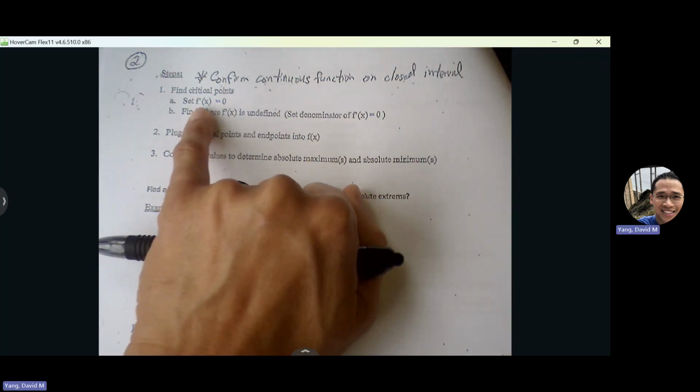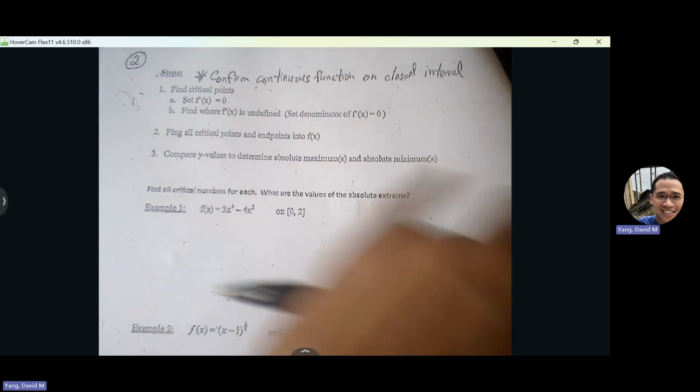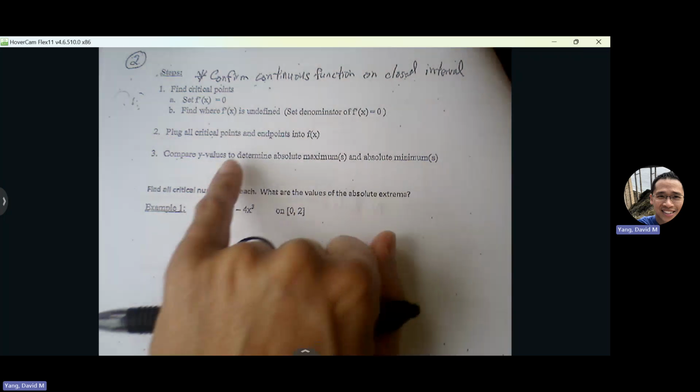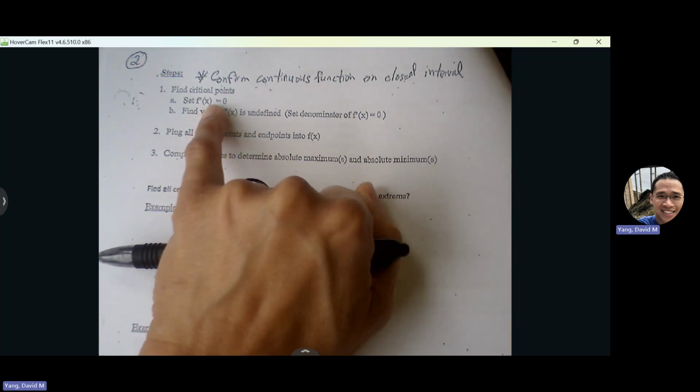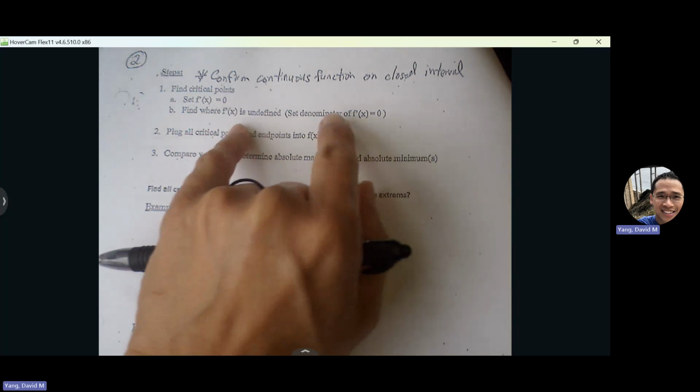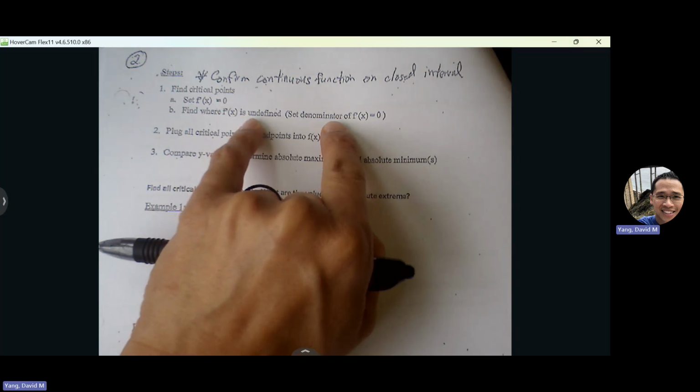Then we're going to look for our candidates. We already have 2 candidates at the beginning of the problem. We're always going to have endpoints provided for us, so we know we're going to test them. But to find critical points, any additional candidates, we're going to look at it from the derivative level. So we're going to find f prime, set f prime equal to 0. Sometimes f prime has both the numerator and denominator.